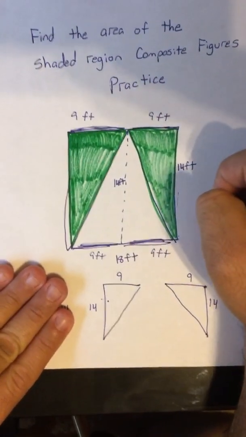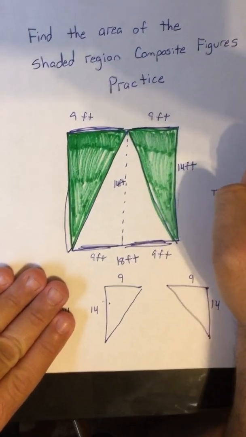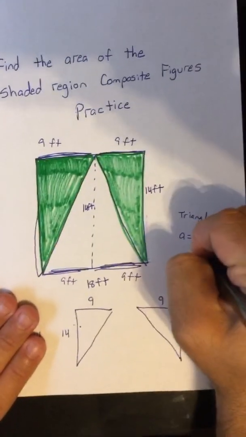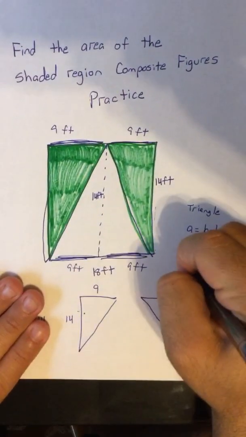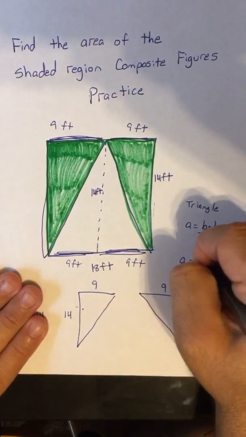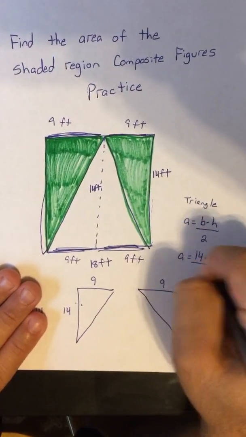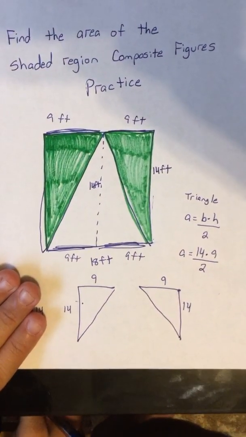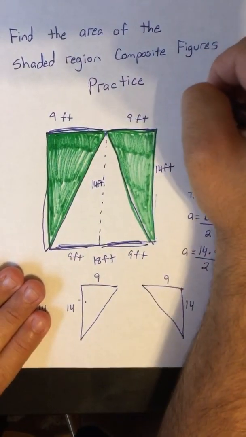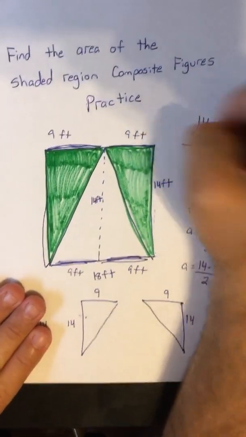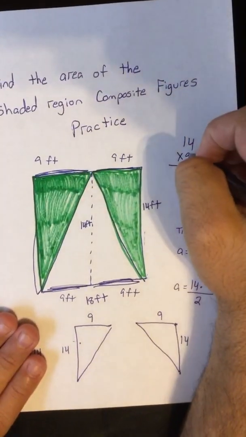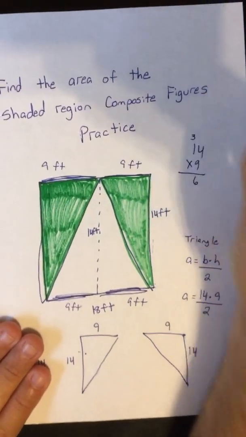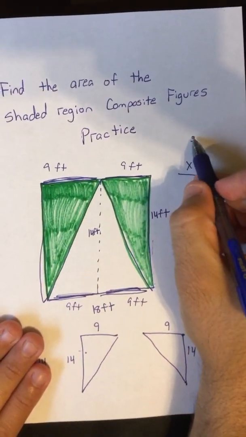So the triangle formula is base times height divided by 2. So we got 14 times 9. Anyone? 14 times 9? Alright, pen and paper. 9 times 4 is 36. 9 times 1 is 9, plus 3 is 12.